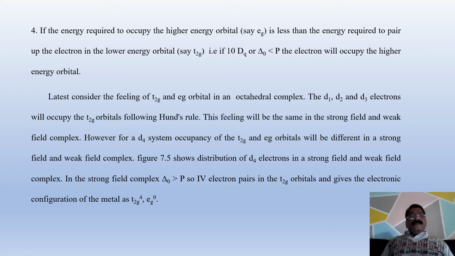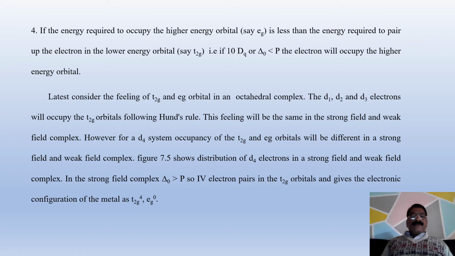Let us consider the filling of t2g and eg orbitals in an octahedral complex. The d1, d2, d3 electrons will occupy the t2g orbitals following Hund's rule. This filling will be the same in strong field and weak field complexes. However, for a d4 system, the occupation of the t2g and eg orbitals will be different in strong field and weak field complexes.